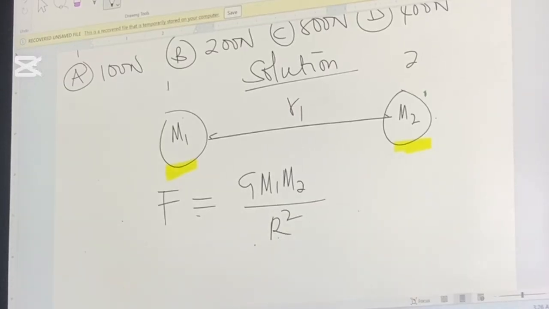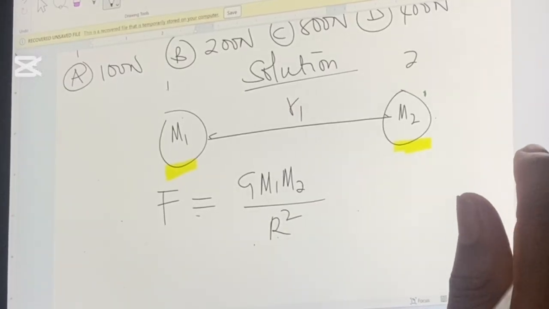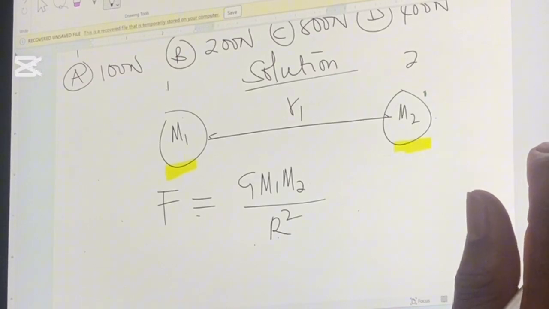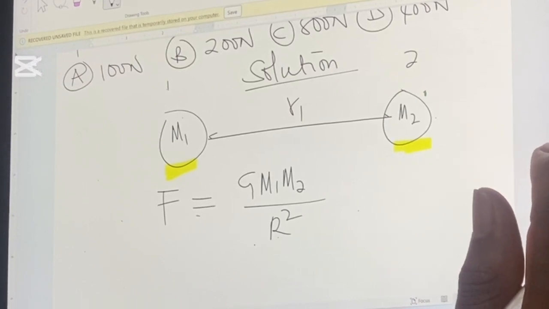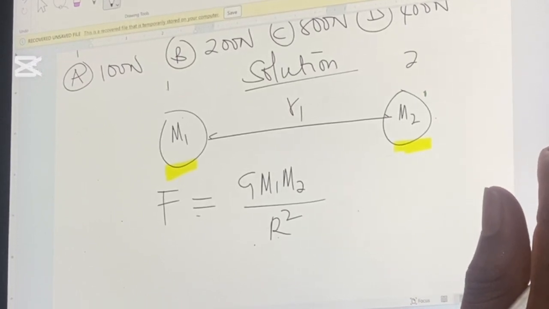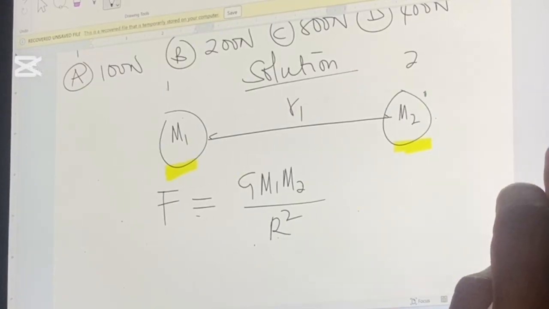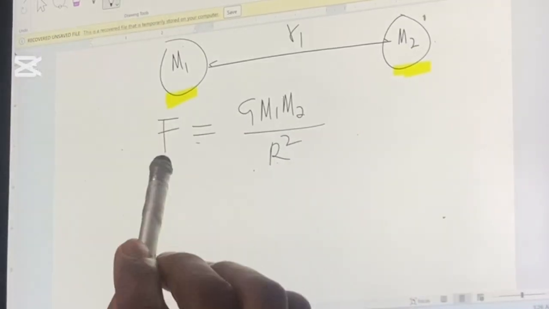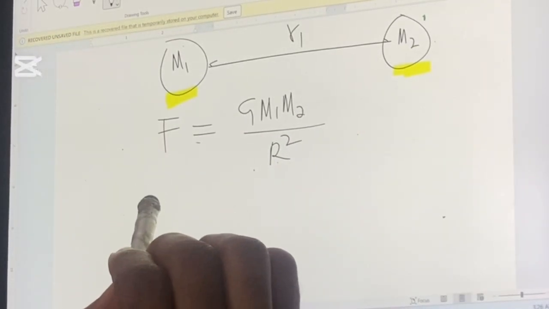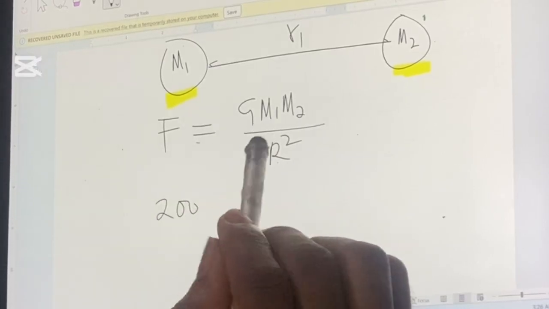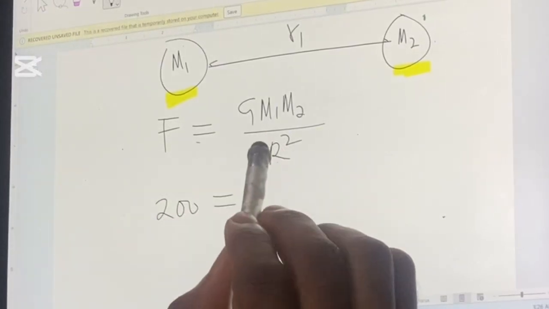Please take note. So let's understand this question here before we solve the equation. They said a force of 200 Newton acts between two objects at a certain distance. So class, this force here, force of 200 Newton acts between two objects.